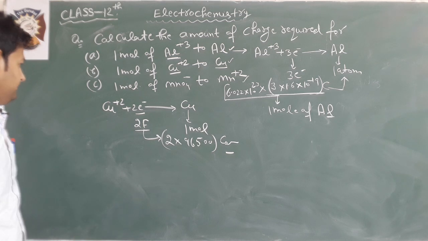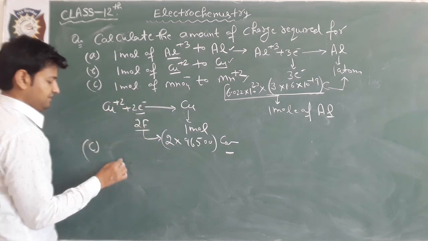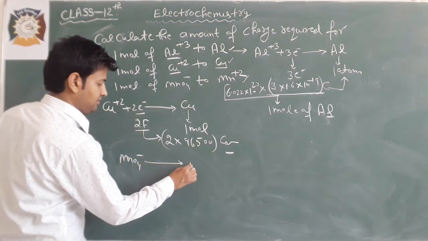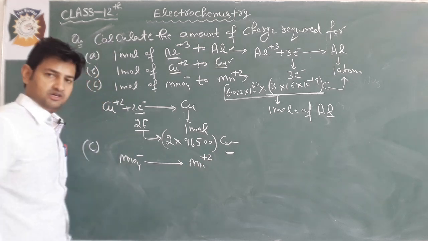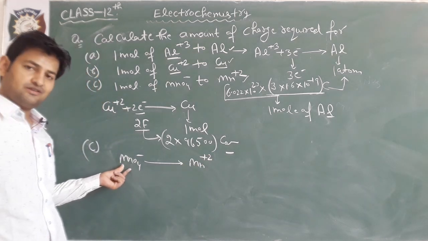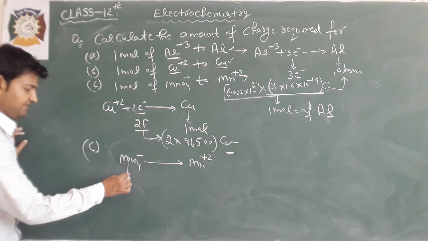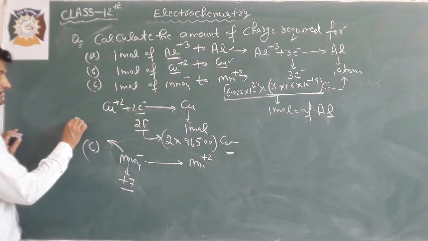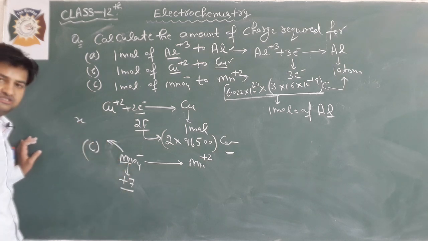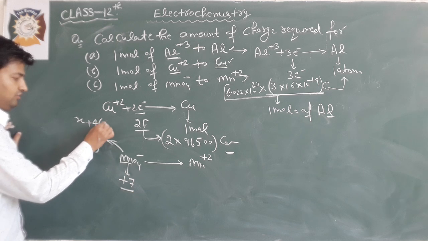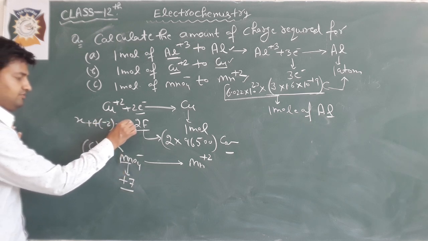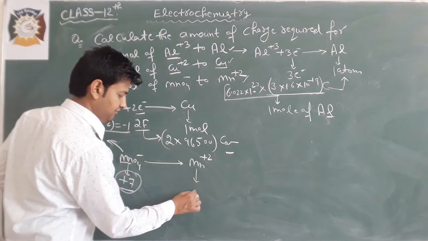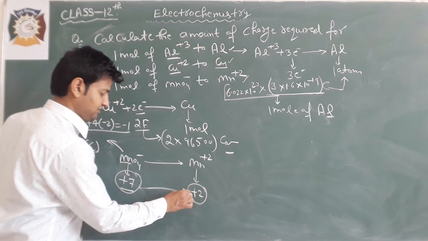And in the third case, MnO4 minus converts into Mn plus 2. First of all, we have to calculate the oxidation state of manganese. Let it be x. x plus 4 × minus 2, since oxygen is minus 2, equals minus 1. It comes out to be plus 7. So manganese goes from plus 7 to plus 2. How many electrons are gained?